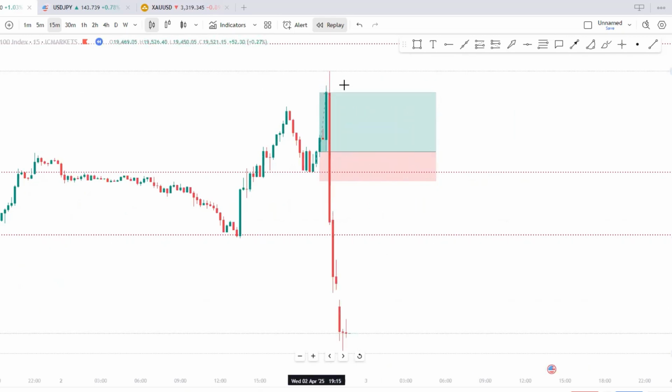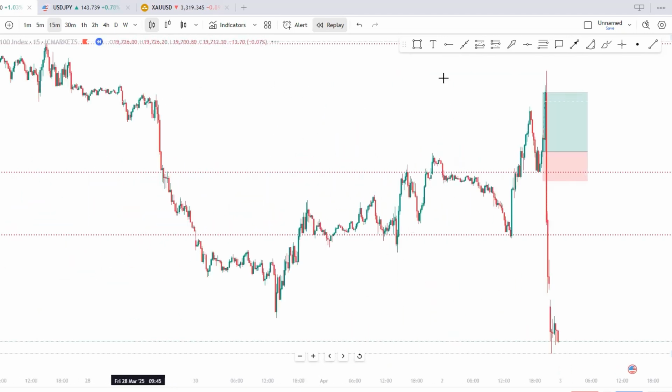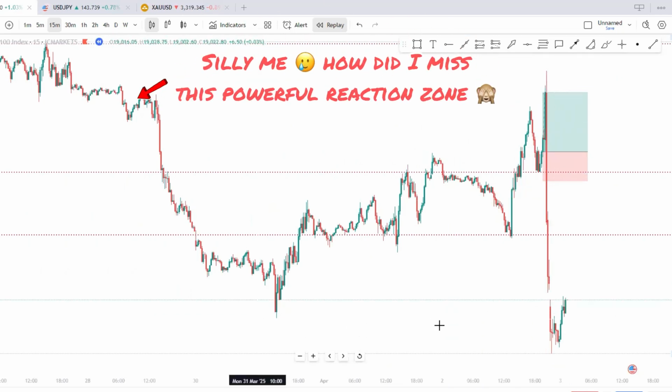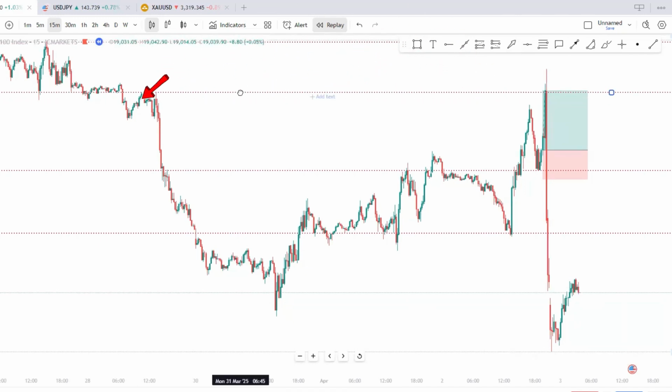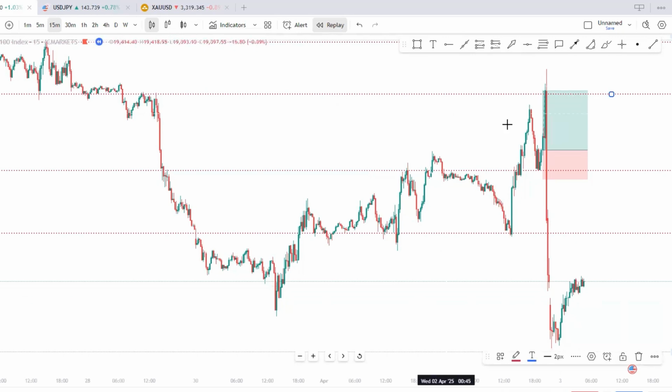And obviously this would have hit a major area, a major zone right here. And that's why we had the massive rejection to the downside, right? So you want to be able to highlight these areas, these key reaction zones, because oftentimes when price comes back into these areas, it's going to have some amount of reaction, right?